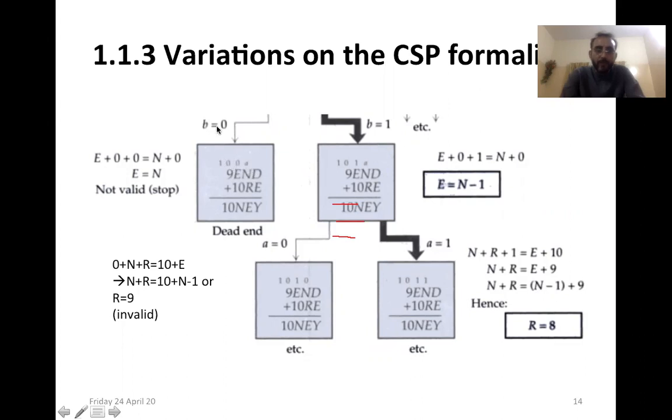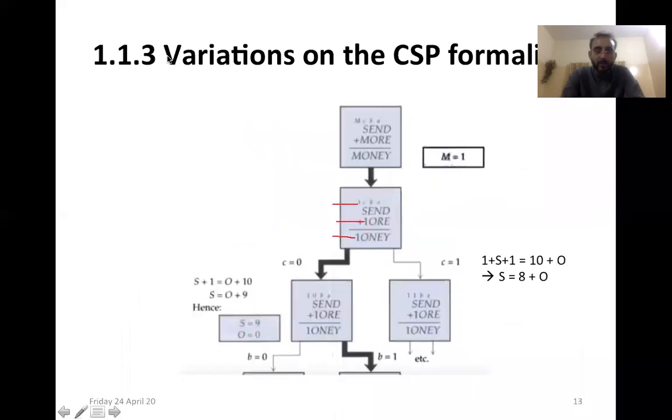So after putting this value of B as a 0 here, we have this situation 0, and we can also just look on the previous slides. So this O is 0.